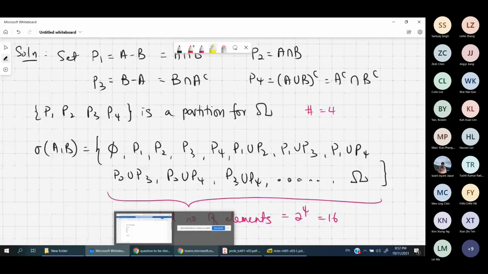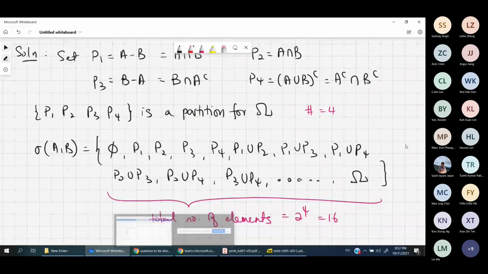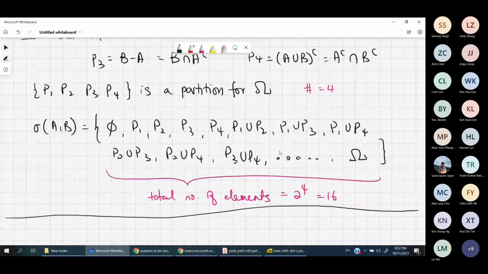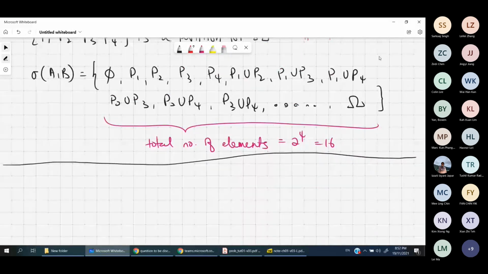So next one is question 9. I have 3 properties to prove.